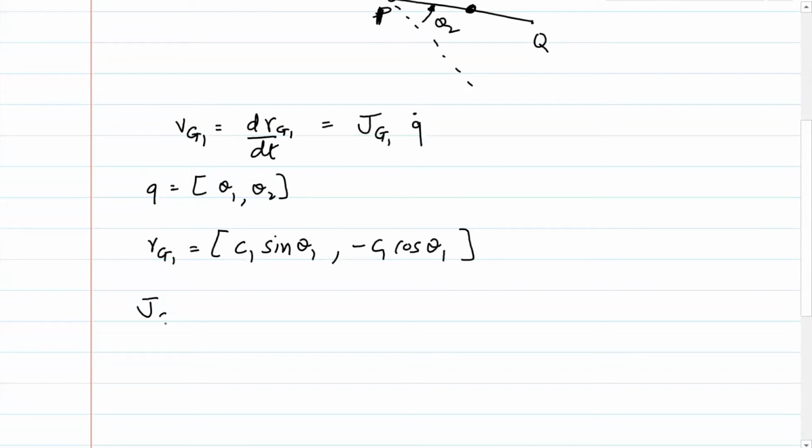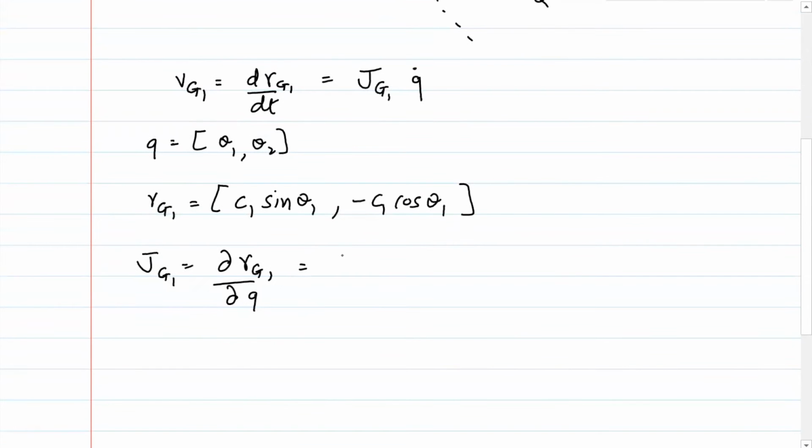So the Jacobian of G1 is going to be d r G1 d q. So what I need to do is, let's call this xG1, yG1.